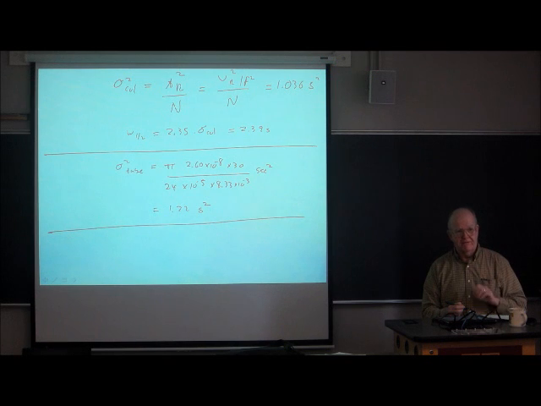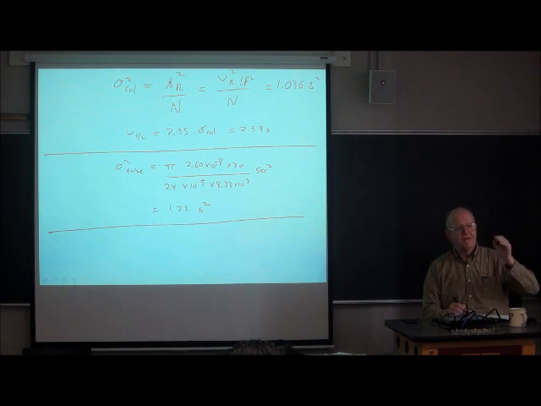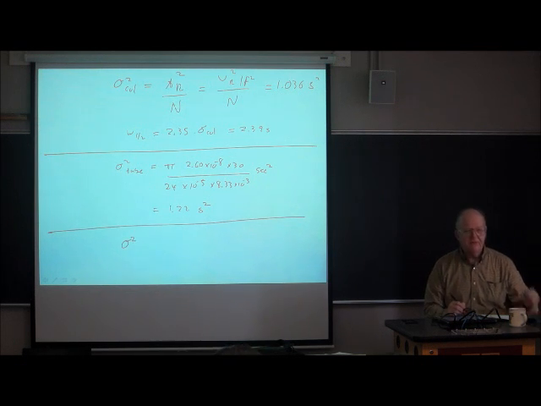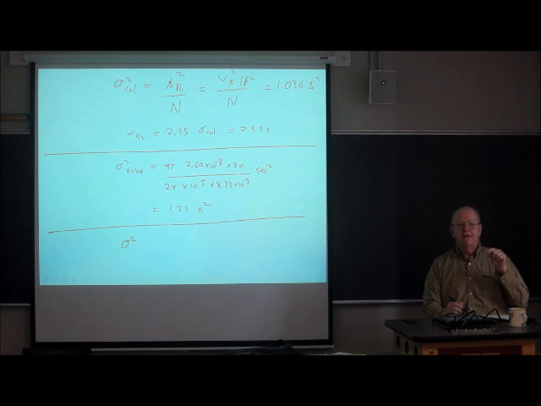Here's the big step. Variances are additive. Standard deviations are not additive. This is, by my tally, and I thought about this last night a lot, this is the 6th time I've said the equivalent of that statement in this room.